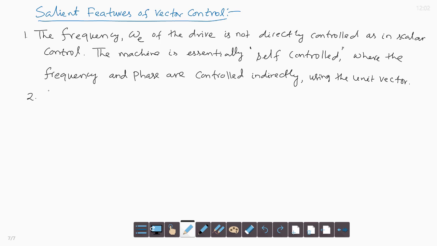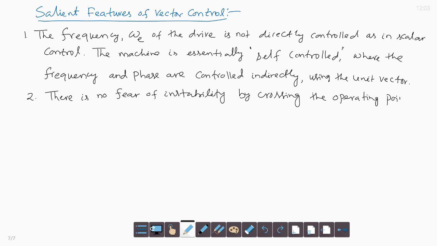Another feature is there is no fear of instability by crossing the operating point beyond the breakdown torque, which is Te max, as in scalar control.